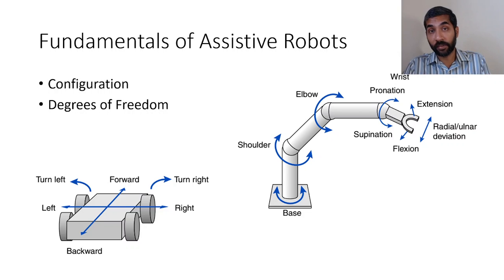Now, the more degrees of freedom a robot has, the more difficult it is to control the robot, right? Because the more signals you have to give to control it. But at the same time, the robot is much more versatile. It can do many more different tasks, hopefully, if it has more degrees of freedom.